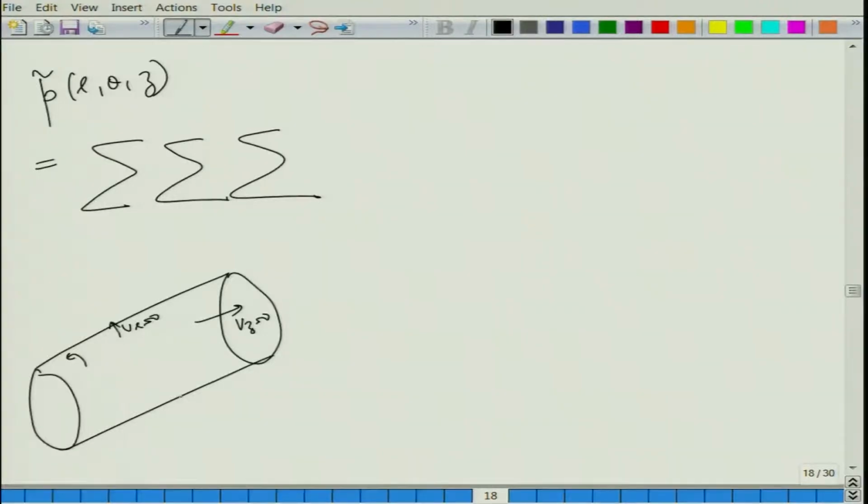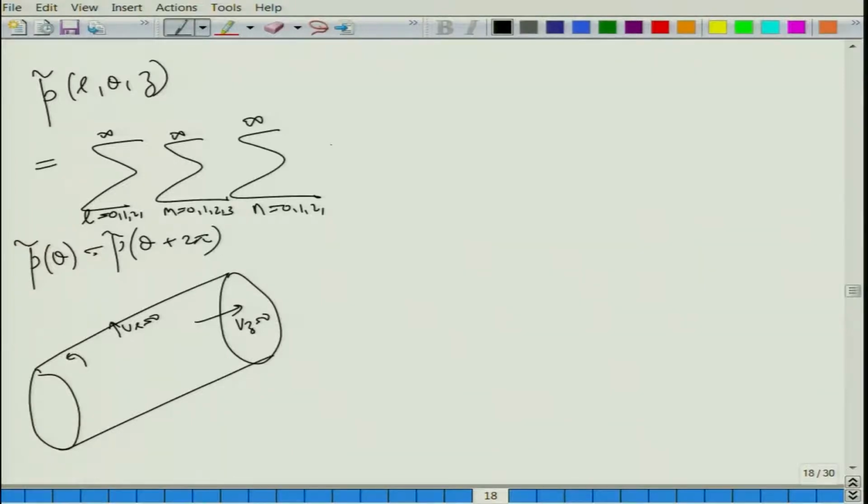Only thing is that p of theta is equal to p of theta plus 2 pi. This will always be there. So, L is equal to 0, 1, 2 till infinity, and m is equal to 0, 1, 2, 3 till infinity, and n is obviously like this.